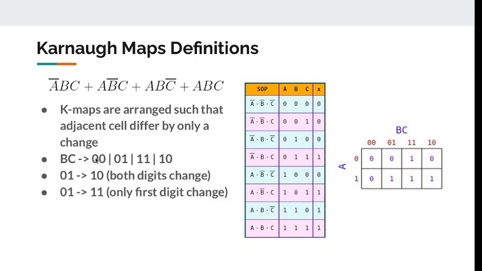So we're trying to avoid cases where both digits change. We want the digits to change in the smallest possible way. So we have 0 and 0, complement of B and complement of C, then complement of B and C. And here we jump to 1 and 1 because only B changes.